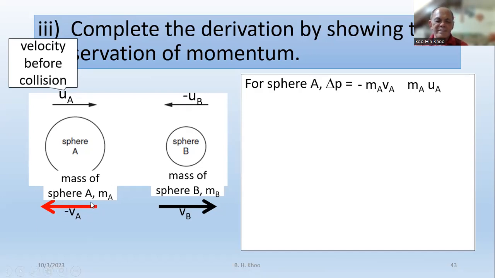That's the final one, minus initial ma times ua. Change in momentum in sphere B, right? Final mb times vb minus mb times ub. Right? We look at this one to find the change in momentum for this one. We look at this one to find a change in momentum in sphere A.